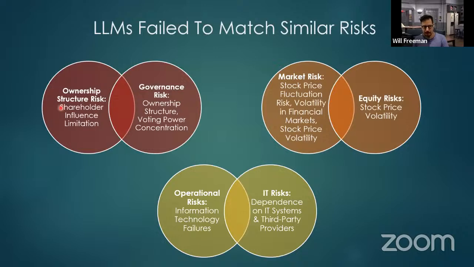So they would call something ownership structure risk, which is shareholder influence, and then governance risk, which I was talking about, which says ownership structure in it, right? And these should somehow be consolidated, but the models left them separate. Even GPT-4 would do this. I think actually these are examples from GPT-4 consolidating. And so this process just didn't work as I'd hoped.